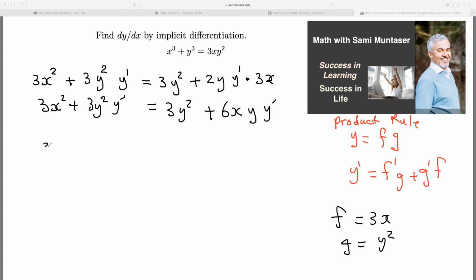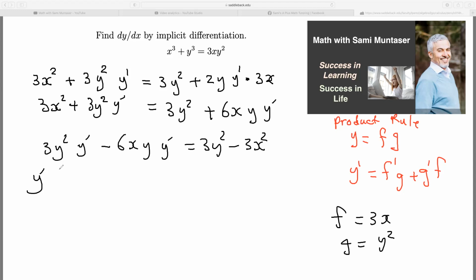So I'm going to rewrite this as 3y squared y prime minus 6xy y prime equals 3y squared minus 3x squared. Take out y prime as the greatest common factor, and you're going to get y prime times (3y squared minus 6xy) equals 3y squared minus 3x squared.